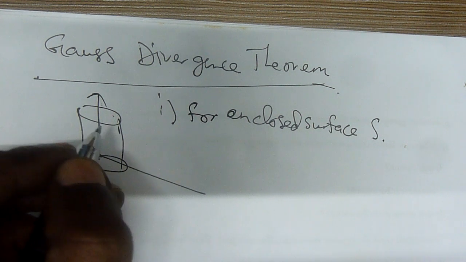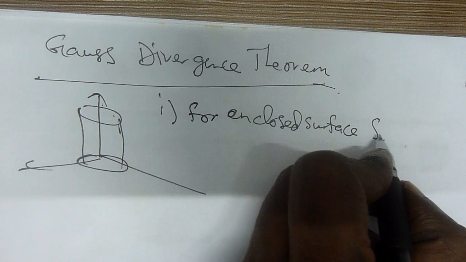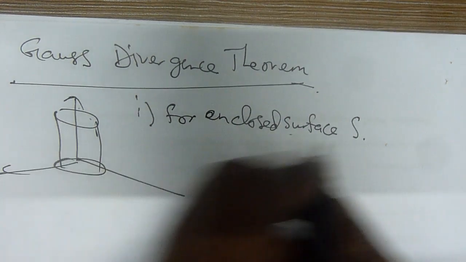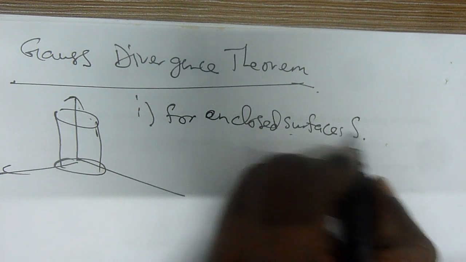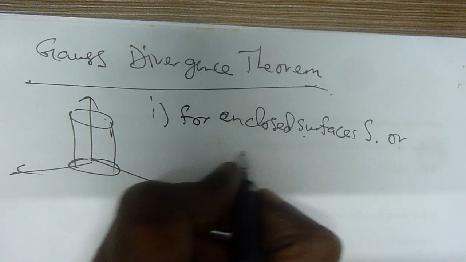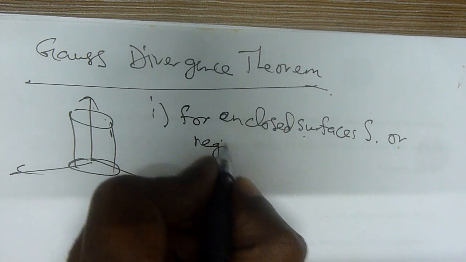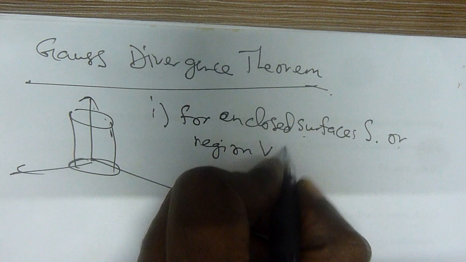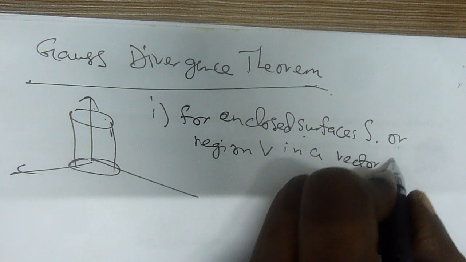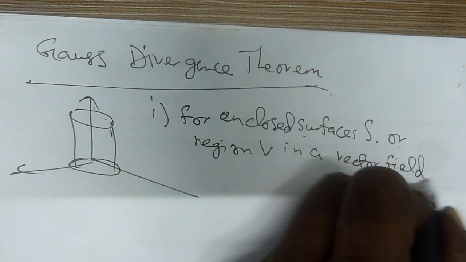Okay, the region V, we call it that, is enclosed by surfaces S. It can be many surfaces S, maybe one S or many, or region V, volume in a vector field F.